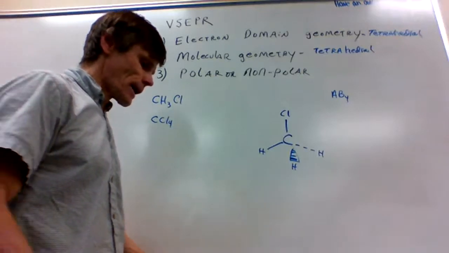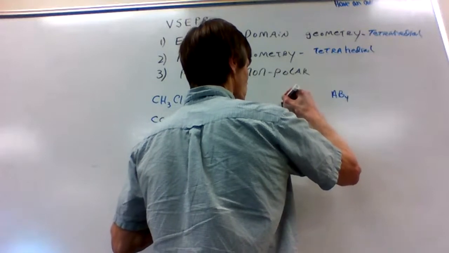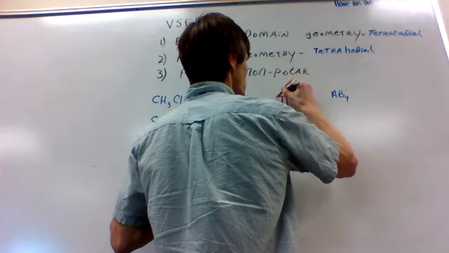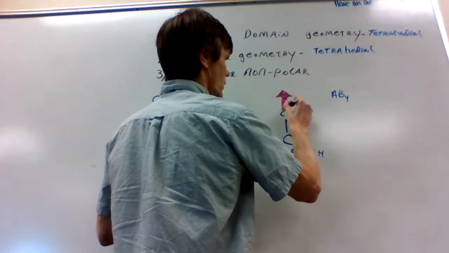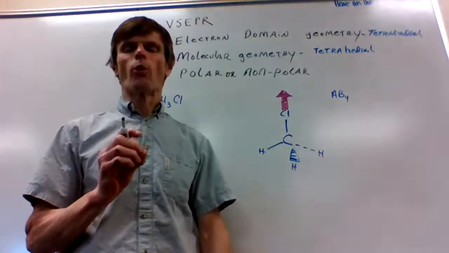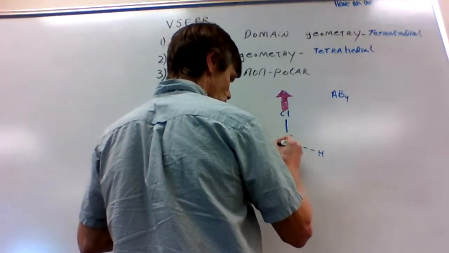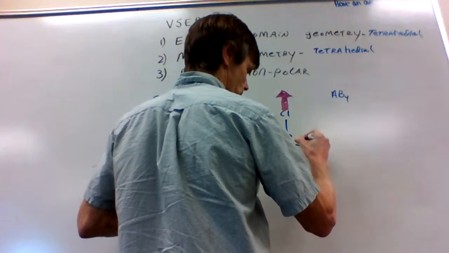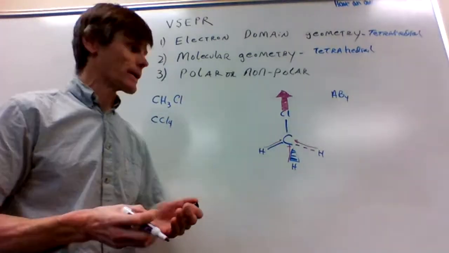And what we would recognize is that electron density is pulled quite favorably in the direction of our chlorine, and carbon is just a little more electronegative than hydrogen. So electron density is being pushed in this direction. But what's really big here is the lack of symmetry.